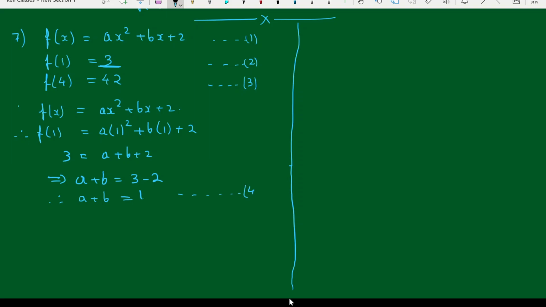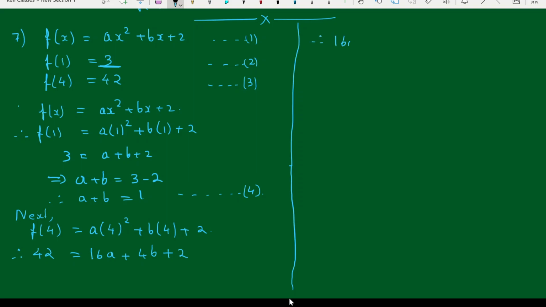That's equation 4. Next, f of 4. f of 4 कितना रहेगा? a into 4 square plus b into 4 plus 2. But f of 4 कितना दिया है? 42 is equal to 16a plus 4b plus 2.